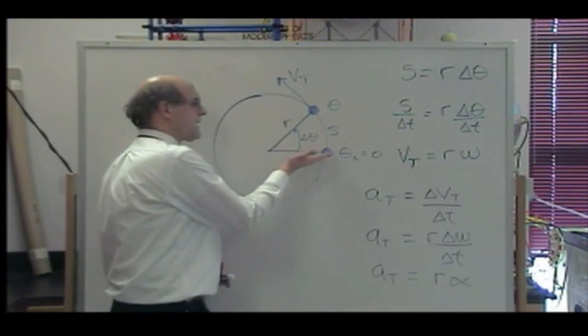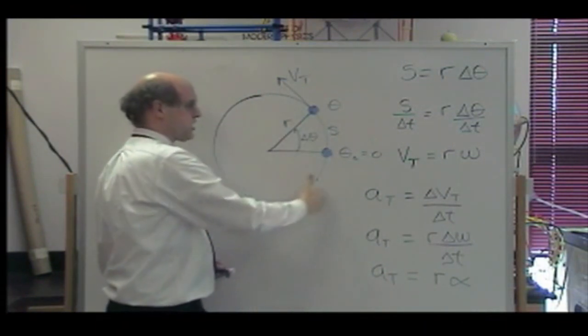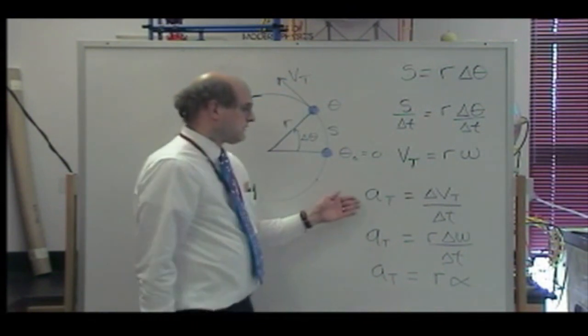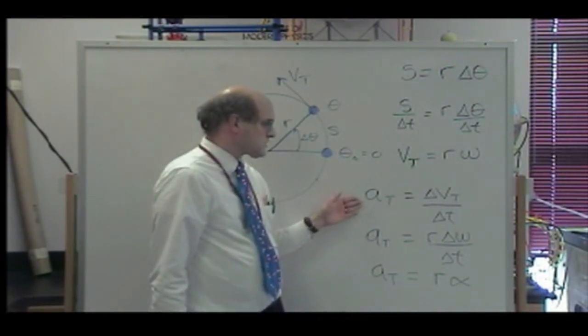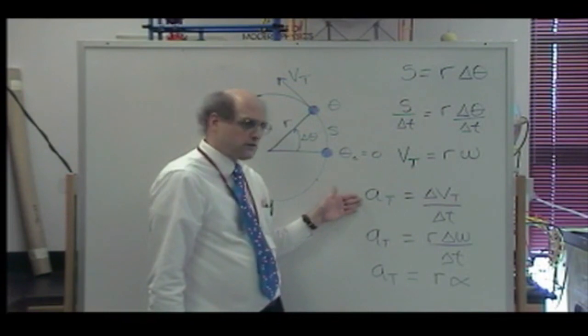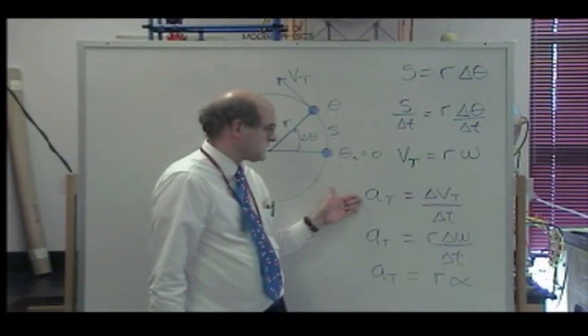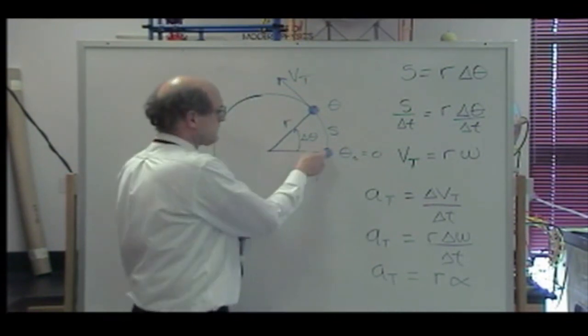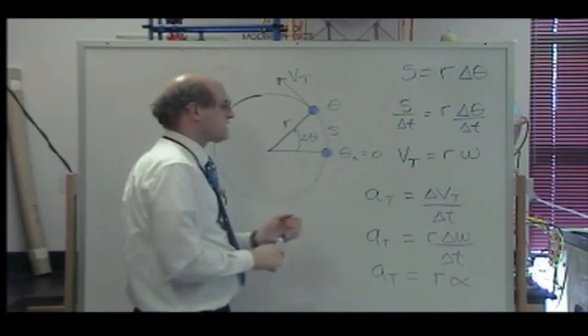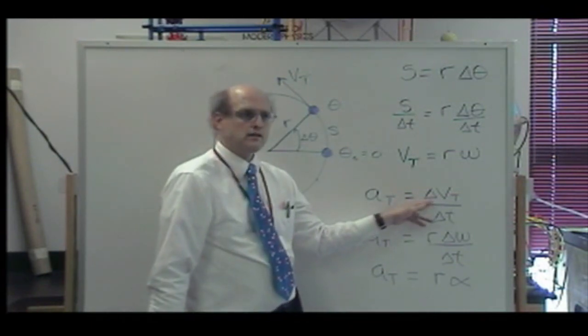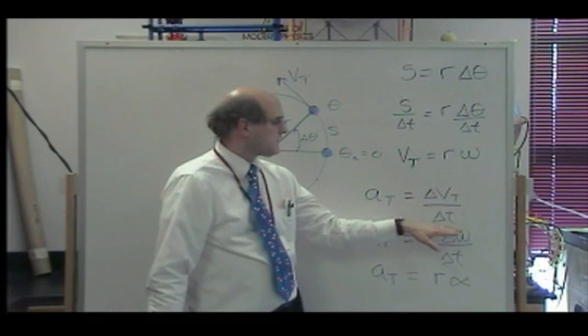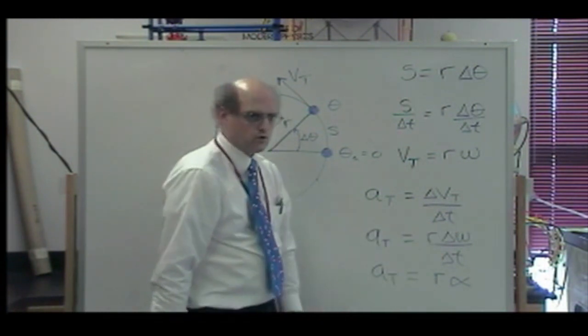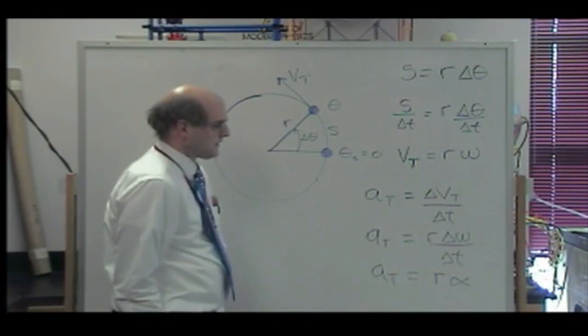Now suppose that this is picking up tangential speed. Then we could use this expression, the definition of acceleration. The tangential acceleration is equal to the change in the tangential speed divided by the time interval over which that change occurs.